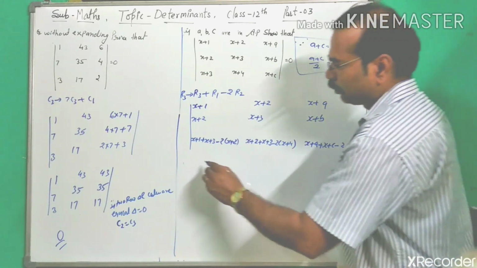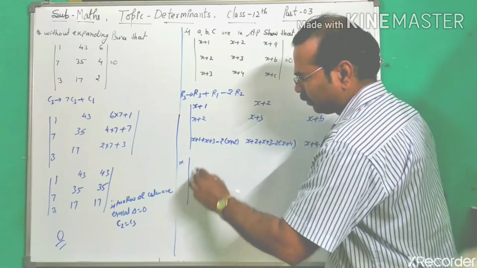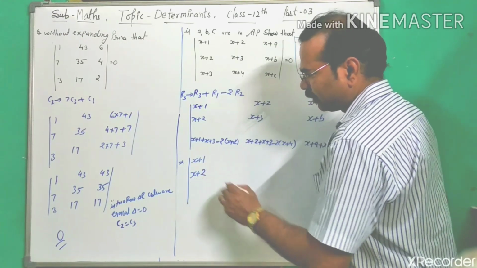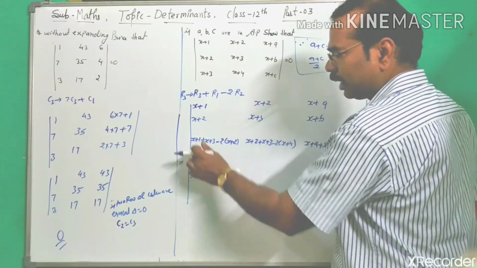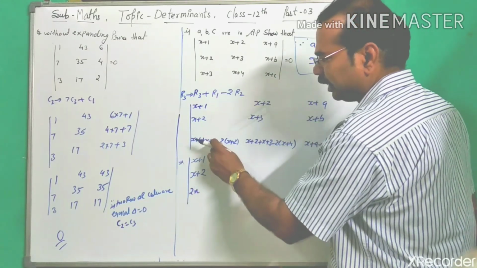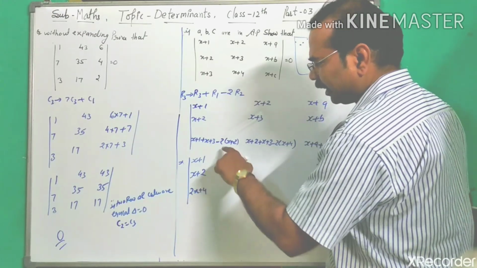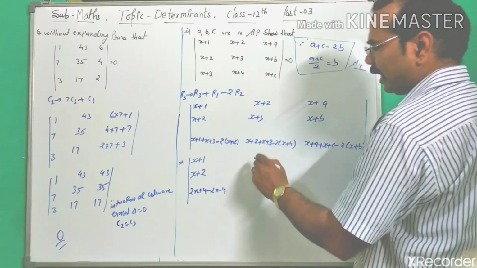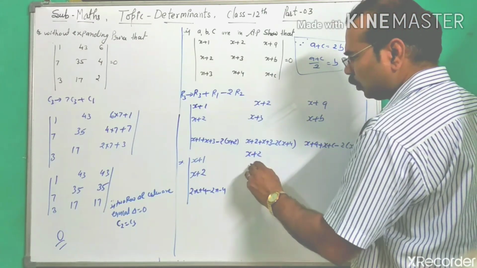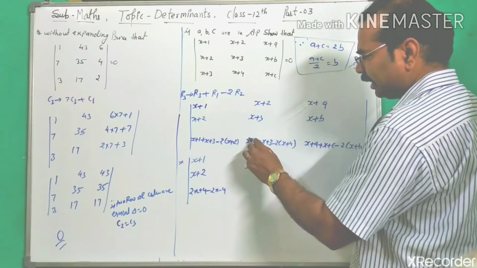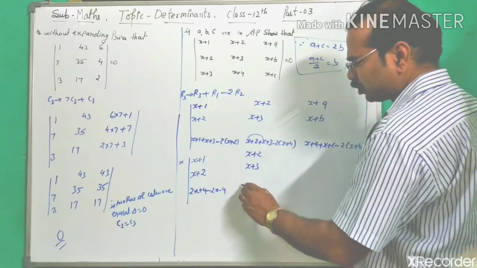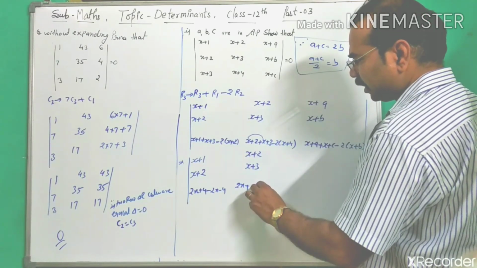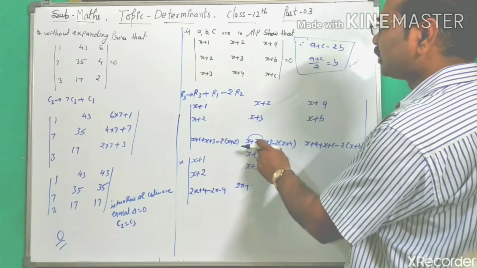Okay students, now here x plus 1, x plus 2, x plus a. x and x is 2x, 3 plus 1 is 4, and here is 2x minus 4. Here it is also x plus 2, x plus 3; x and x is 2x minus 2x, 3 plus 2, the value is x plus 2 and x plus 4.